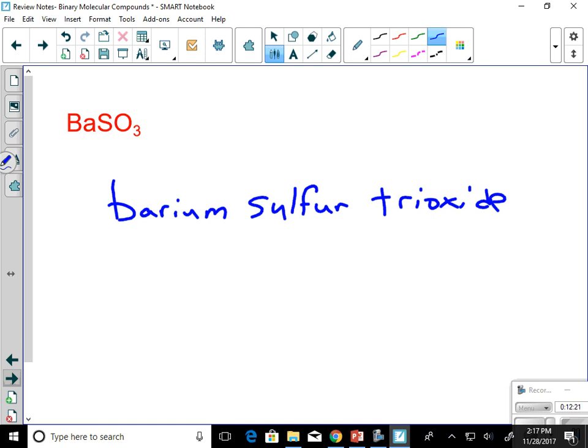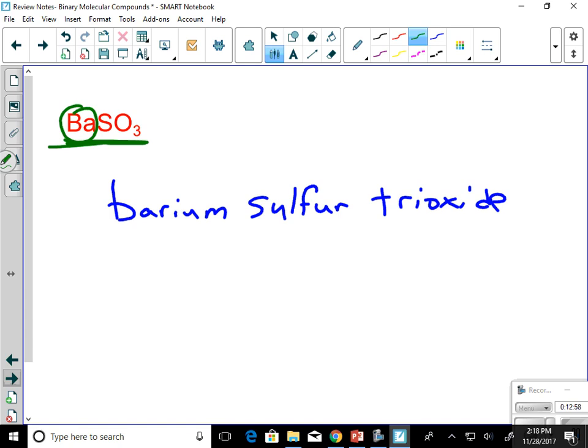Now, the problem is that when I come back up here, am I dealing with 2 nonmetals? No, this is a metal. Barium is a group 2 alkaline earth metal, right? So this is an ionic one. So that's the trouble when we get to doing these, when I throw them all together.